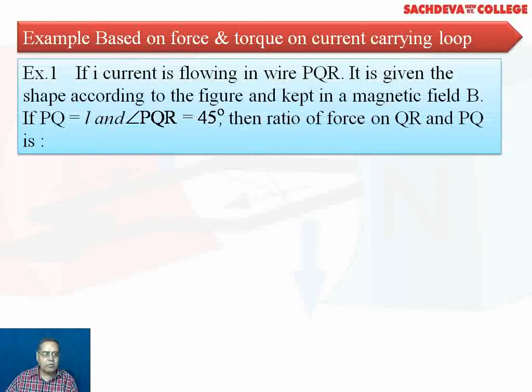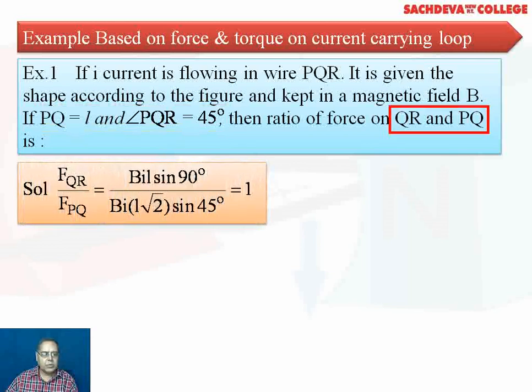Now, example number 1. If current is flowing in wire PQR, it is given the shape according to the figure and kept in magnetic field B. If PQ is equal to L and angle PQR is 45 degrees, then the ratio of the force on QR and PQ is given as force on QR over force on PQ.